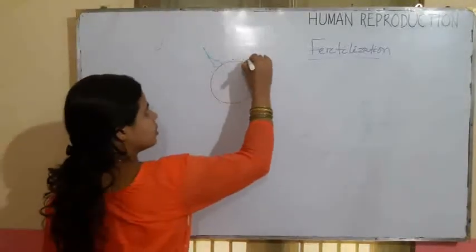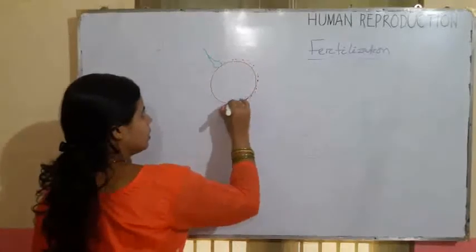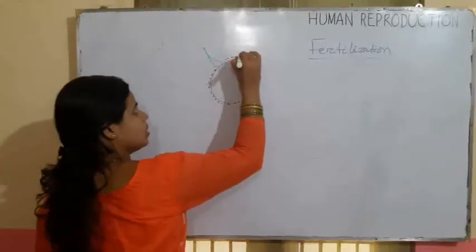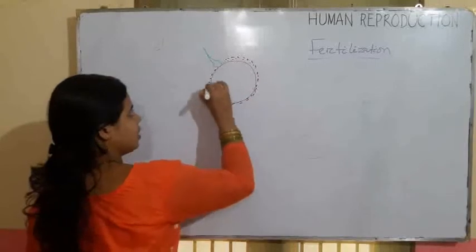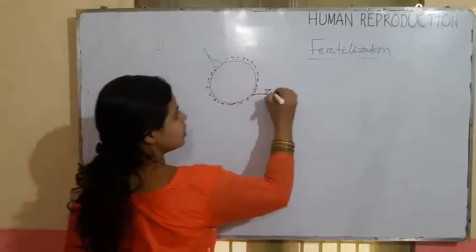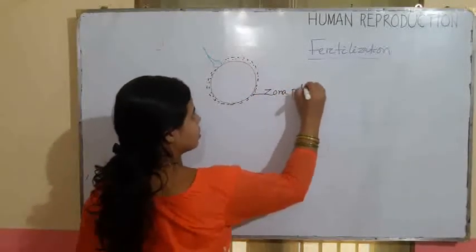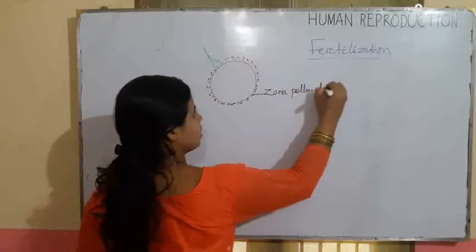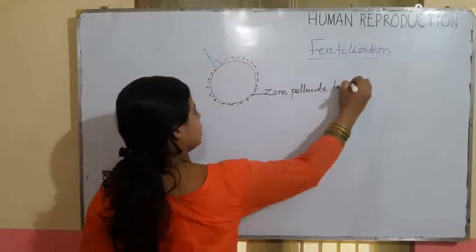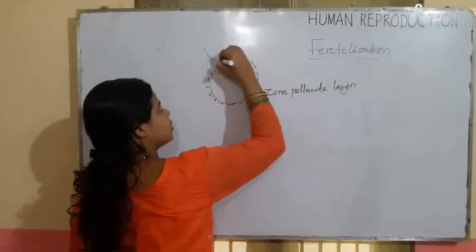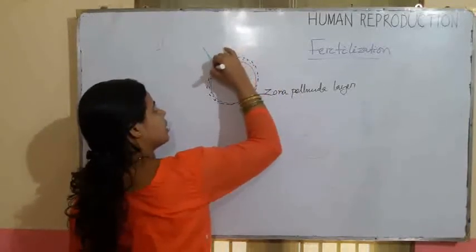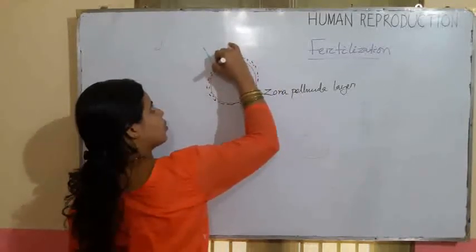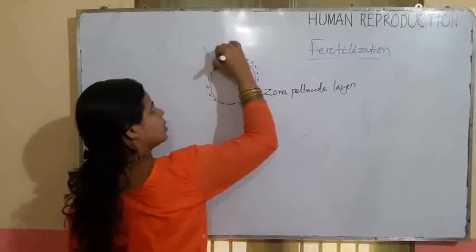Suppose this is the outer layer, called the zona pellucida layer, and outside of that there are certain structures called the corona radiata.